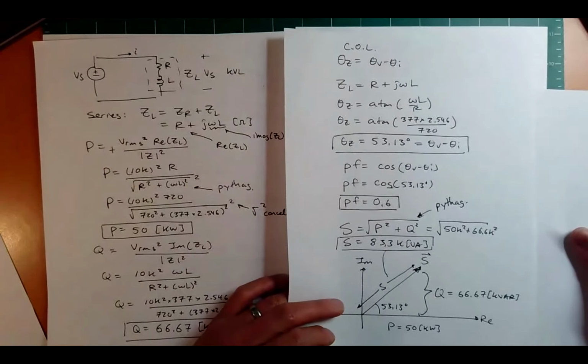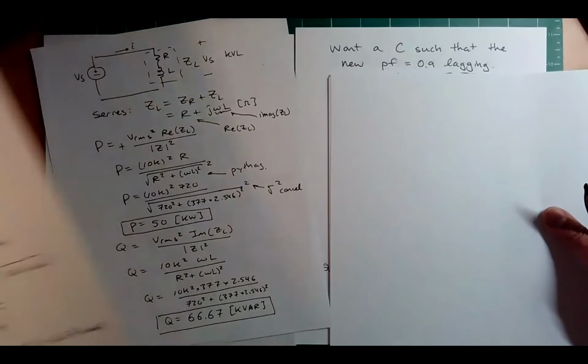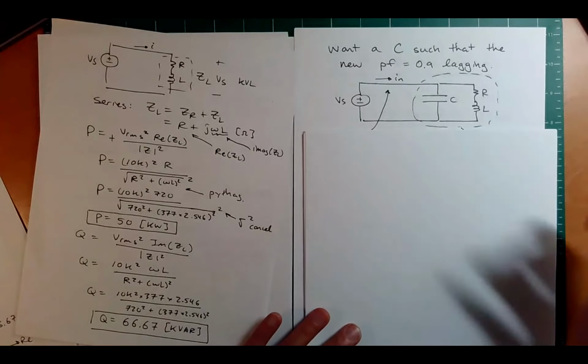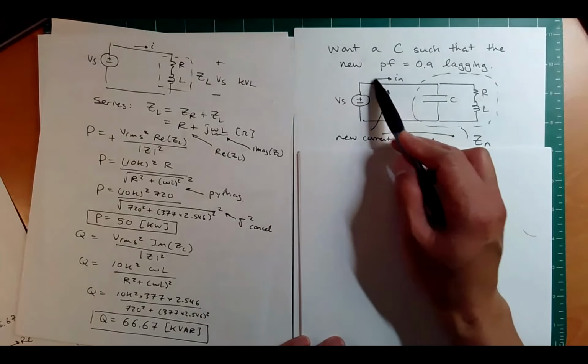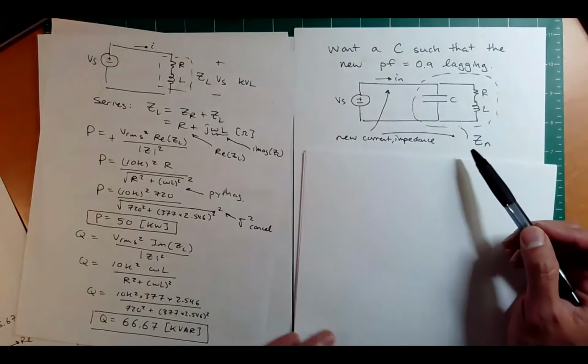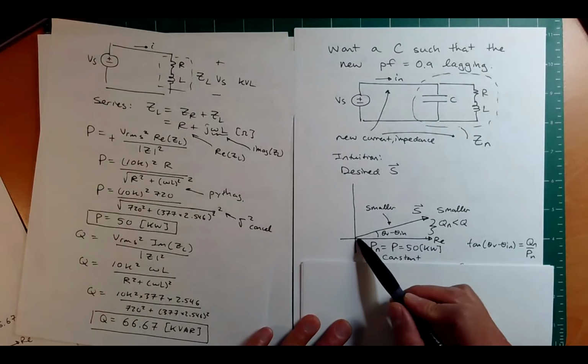Okay, let's keep going. So we want a C such that our new power factor is 0.9 lagging. That means we're going to have a new current, and a new impedance here. So we want our new desired power triangle to look like this.